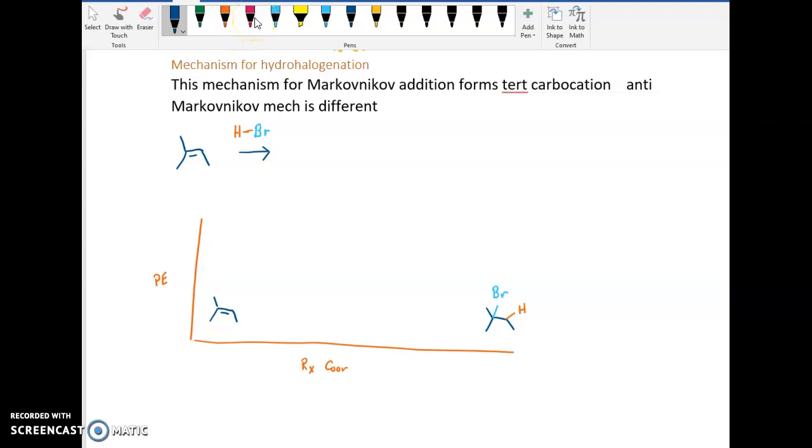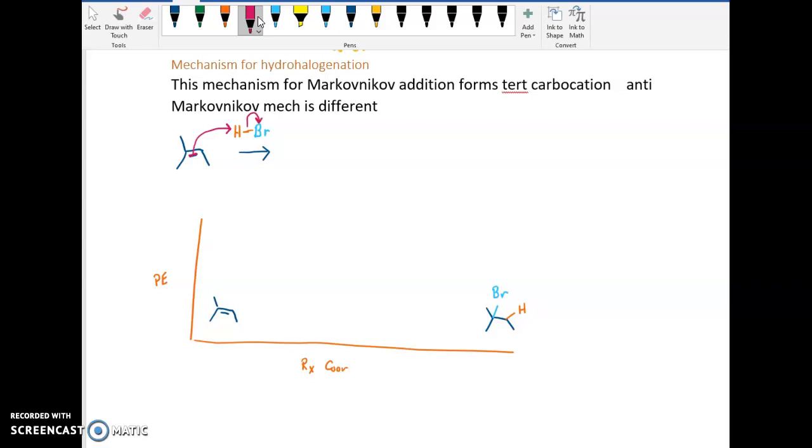We have electrons on this double bond, and they are going to reach out and grab that proton there. And the electrons joining the proton to the bromine are going to go and live on bromine.